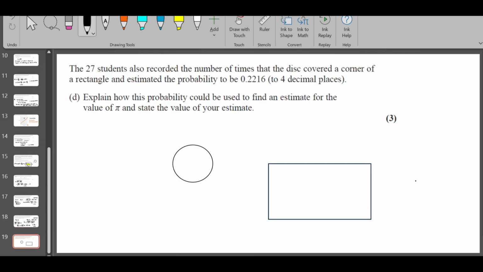The 27 students also recorded the number of times that the disk covered a corner of a rectangle and estimate the probability to be this. What do they mean by that? When you throw the disk, the disk should cover the corner of this rectangle. You can put the disk anywhere inside this rectangle so that it covers the corner, right?